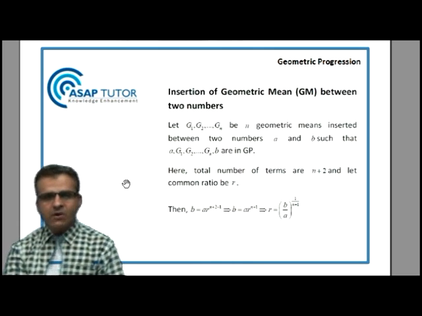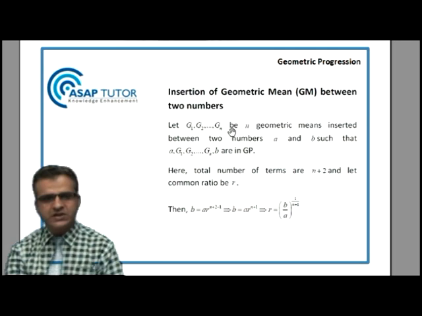Now, the insertion of geometric means between two numbers. If we have two numbers a and b and we insert a number of terms, say n geometric means like G1, G2, G3 and so on up to Gn, then the numbers a, G1, G2, G3 and so on up to Gn, b will be in GP.